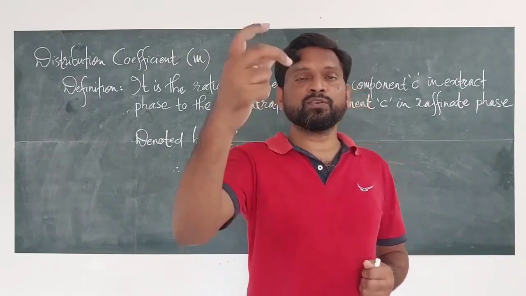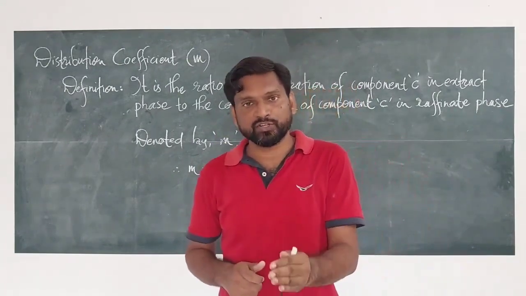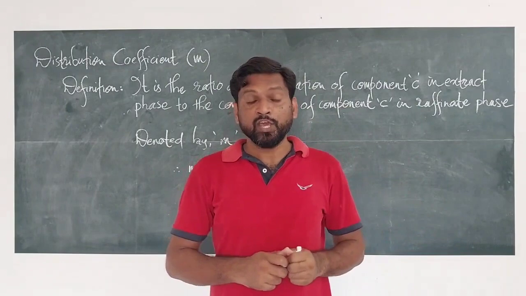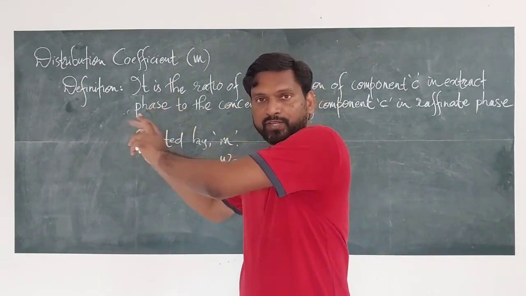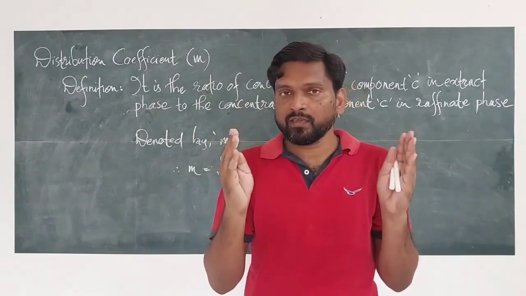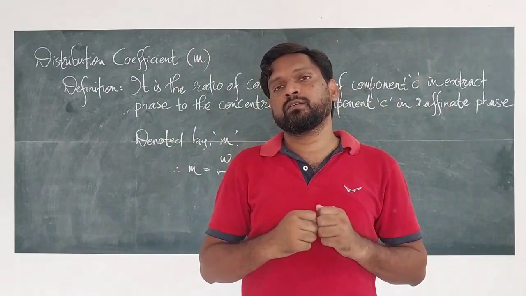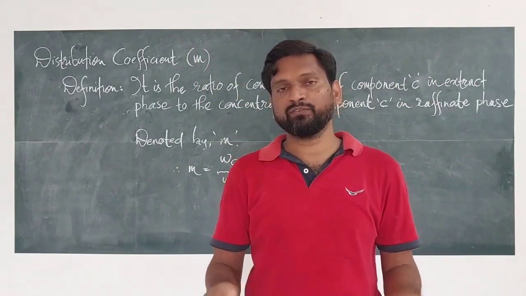So there must be some concentration of C in the raffinate phase, and there must be some concentration of C in the extract phase. The ratio of these two would give you the value of distribution coefficient, that is the concentration of component C in the extract phase divided by the concentration of component C in the raffinate phase.